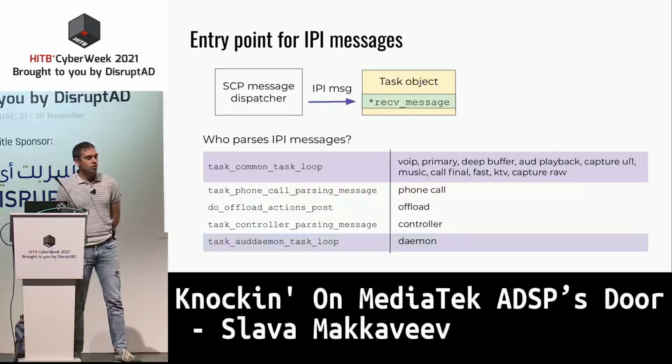Each audio task is presented in the audio DSP operating system by a task object, and this object, amongst other things, contains a pointer to the receive message function, and the SCP message dispatcher calls these functions when a new IPI message arrives.